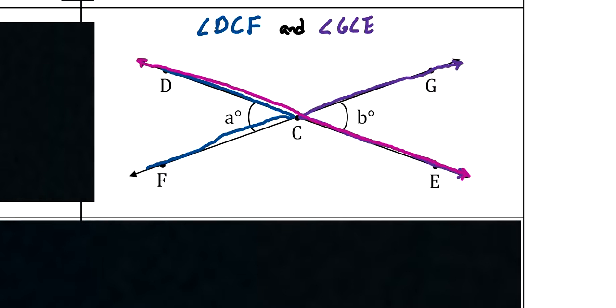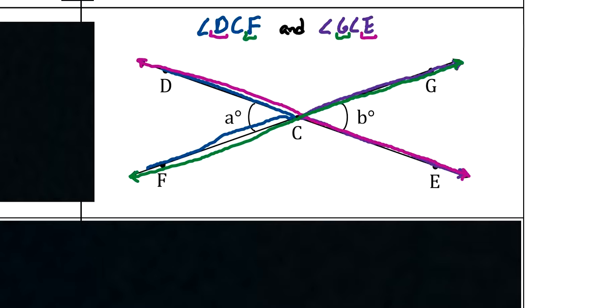It's used in angle DCF and in angle GCE also, so that's one of the two lines that they share. The other line that they share is FG. F and G, so they share the same two lines. So that's how we can tell that they are vertical angles.